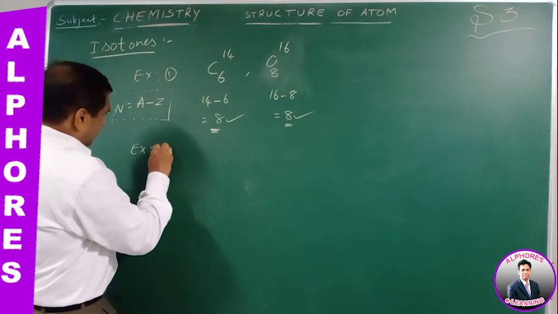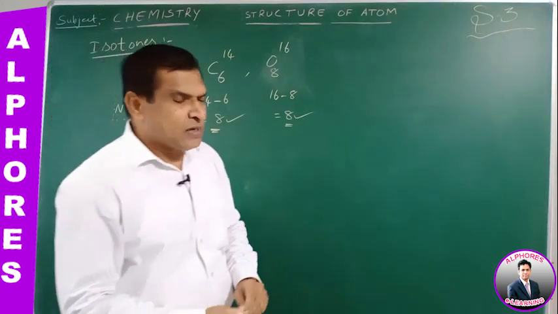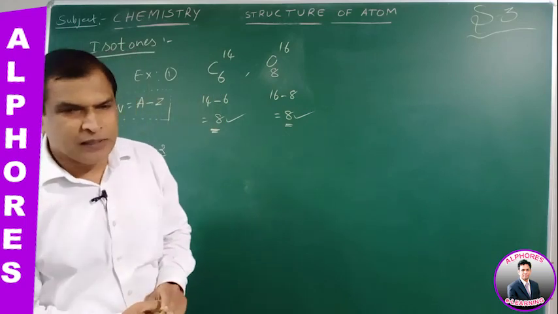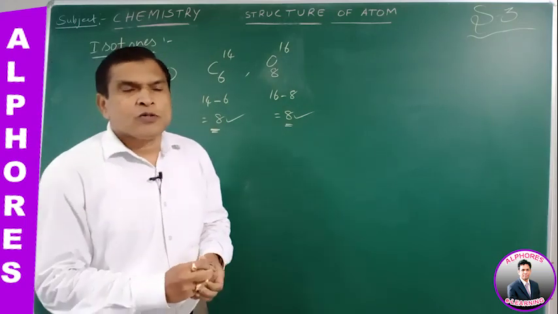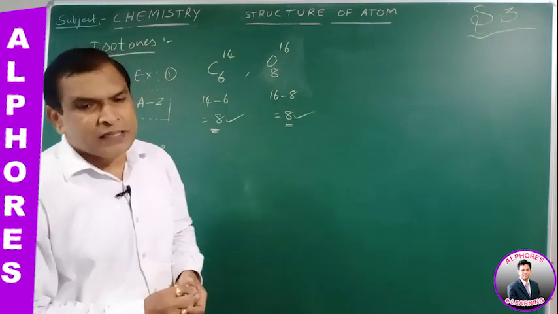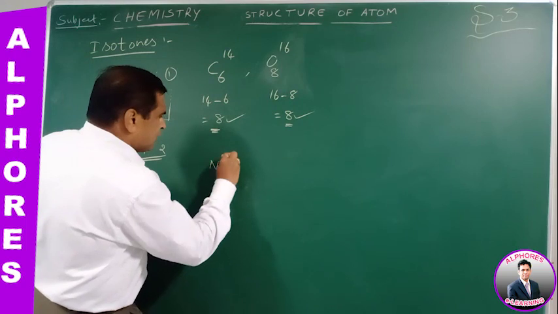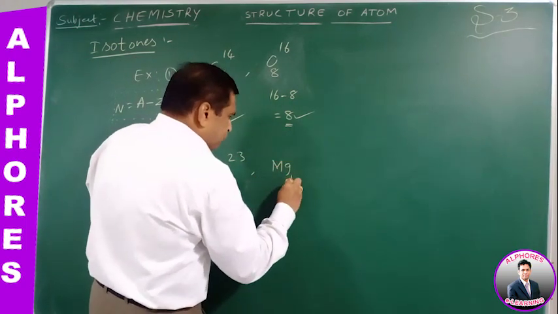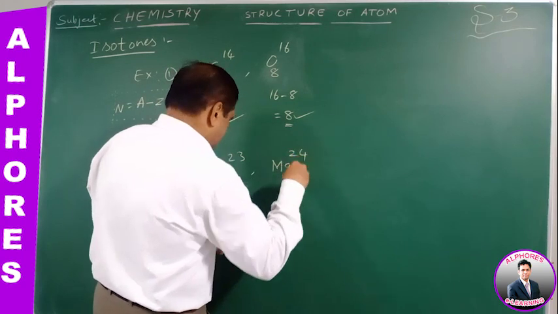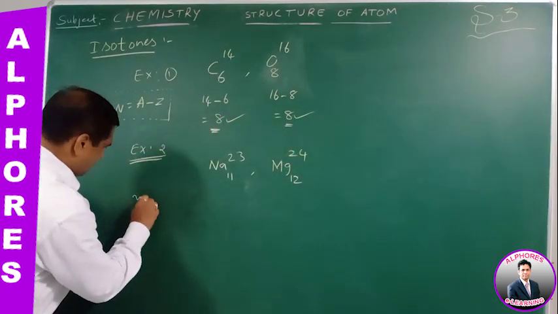To become familiar, we have to work out more examples, then the concept will be understood and we can remember it properly. The next example is sodium-23, atomic number 11, and magnesium-24, atomic number 12.